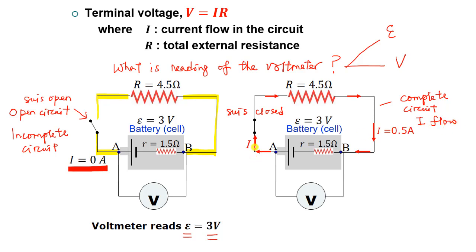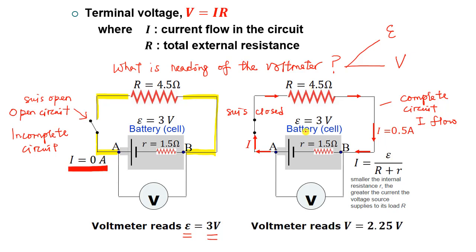When current flows out from the battery, some of the voltage is dropped across the internal resistance, and only the rest of the voltage will be taken by the external resistor. At that time, our voltmeter will read terminal voltage.